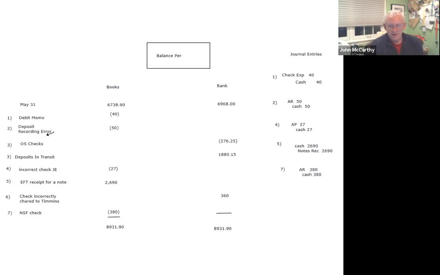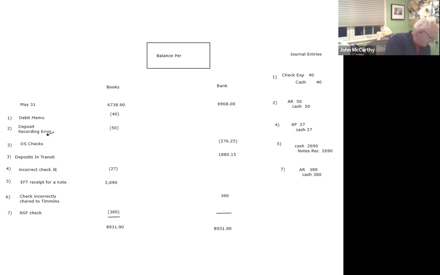The entry was debit cash, credit AR. We did it for $933, should have been $883. So we have to reduce the cash in our books $50 to correct the error. The way we do that is debit AR, reinstate the AR, and credit cash for 50. I'm not sure what that arrow is there for.